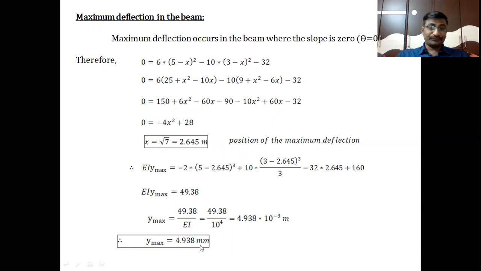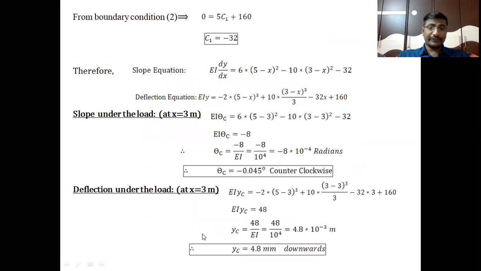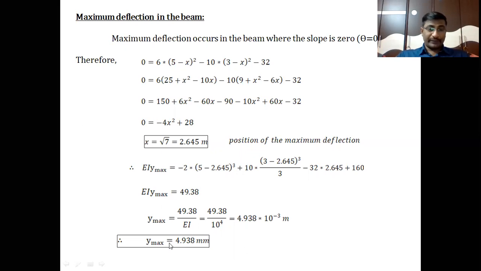Okay, students, this is the maximum deflection in the beam. Already we found the deflection at point C, 4.8 mm, but the maximum deflection in the beam is 4.938 mm at a distance of 2.645 meters from the left support.